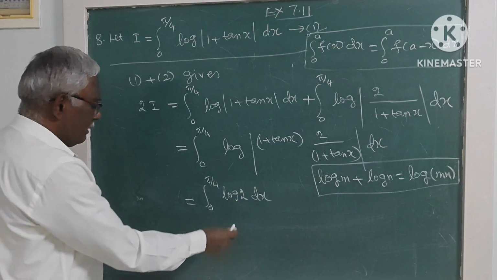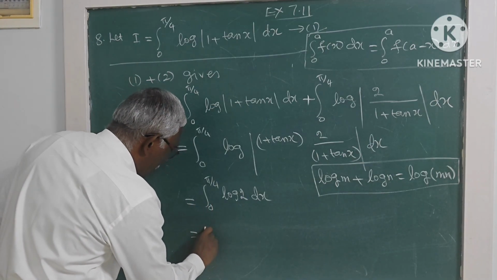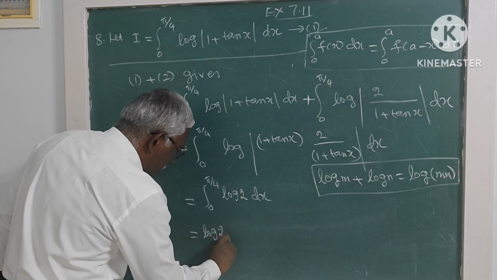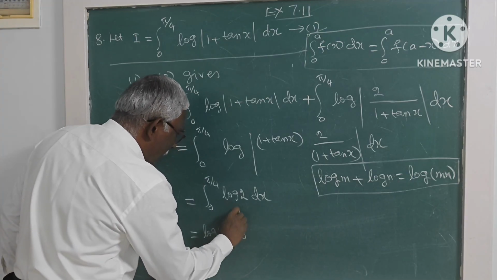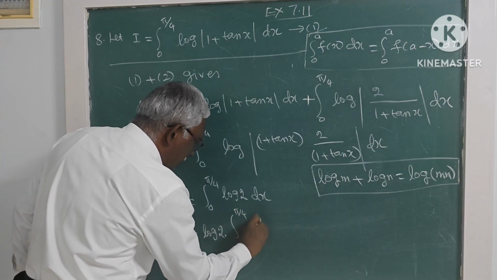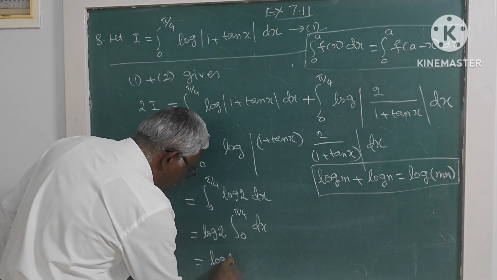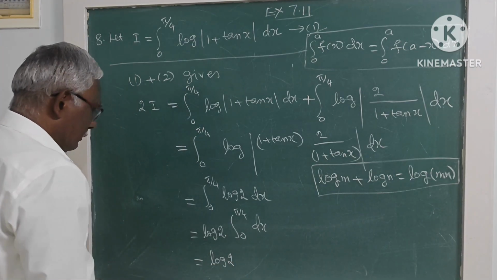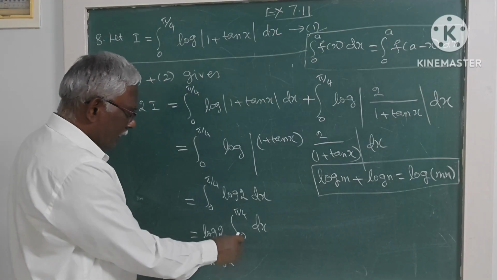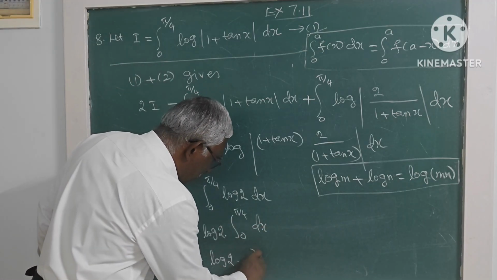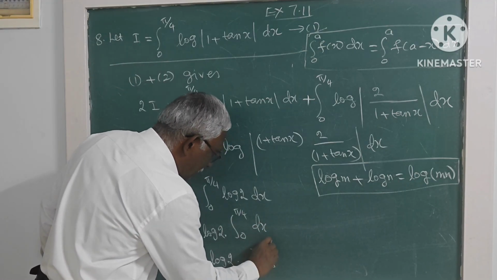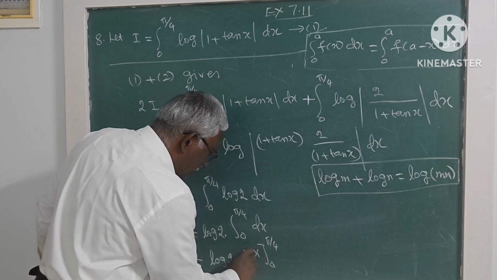Log 2 is constant, so you can take log 2 outside. Integral 0 to pi by 4 dx. Now on integrating this, you will get x from 0 to pi by 4.